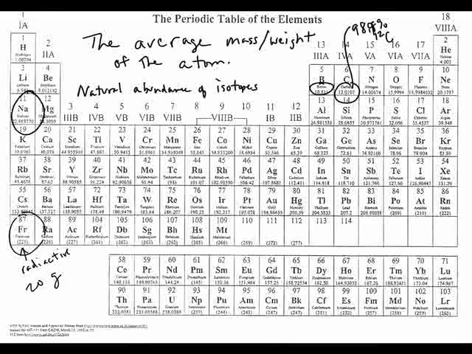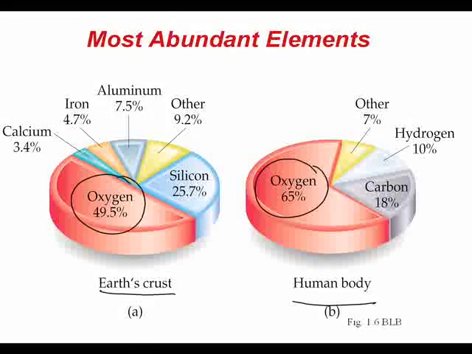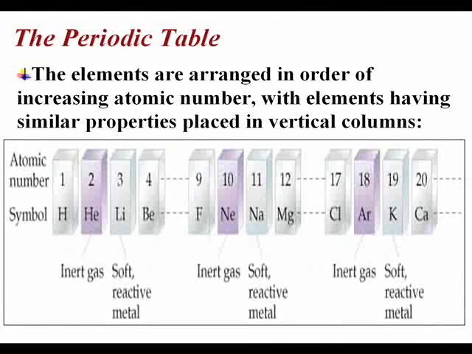Okay. Now, what is it that makes the periodic table so useful? Well, the elements are arranged in order of increasing atomic number. That is, remember, the number of protons, with elements having similar properties placed in the vertical columns. Remember, those are called the families or the groups. Okay?